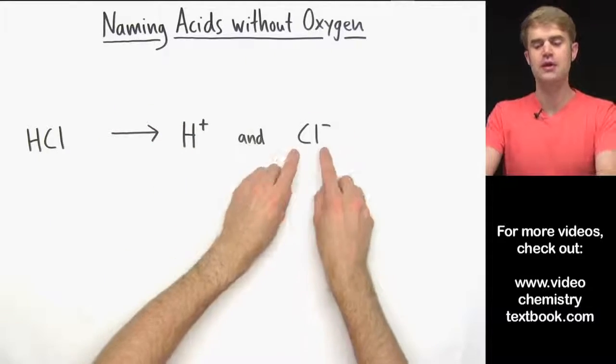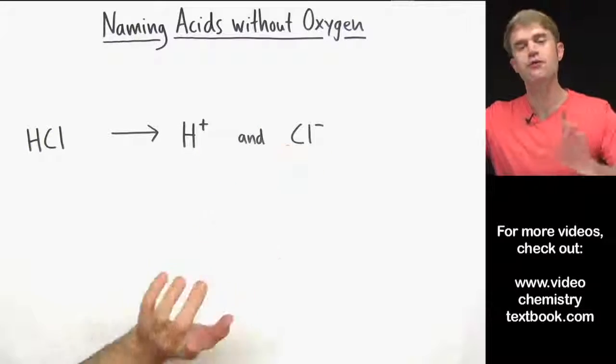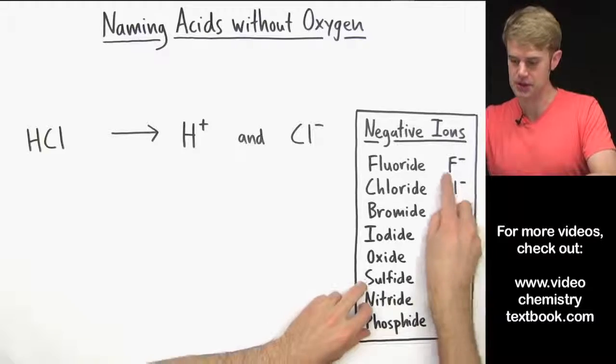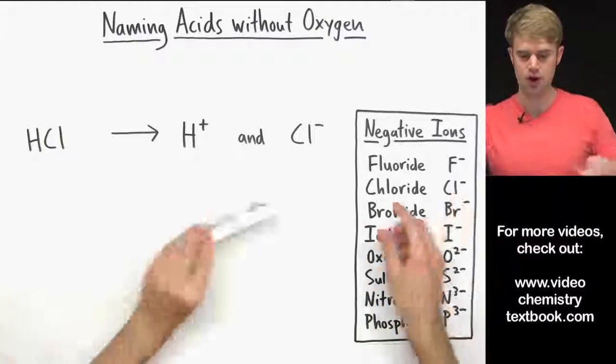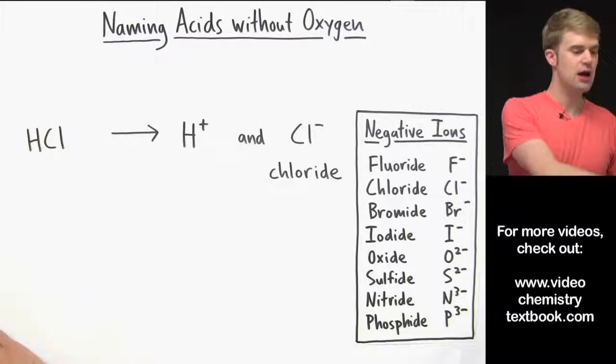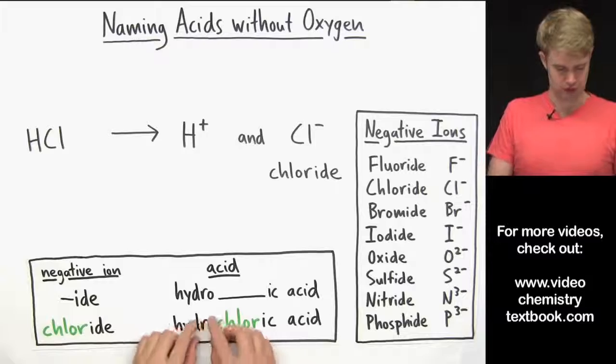Okay, so the negative ion that we're going to be working with here is Cl-. The first thing that I want to do is figure out what the name of this is. So here I've got this list. Cl-, we call this chloride. So in order to name this acid here, we're going to use these rules.